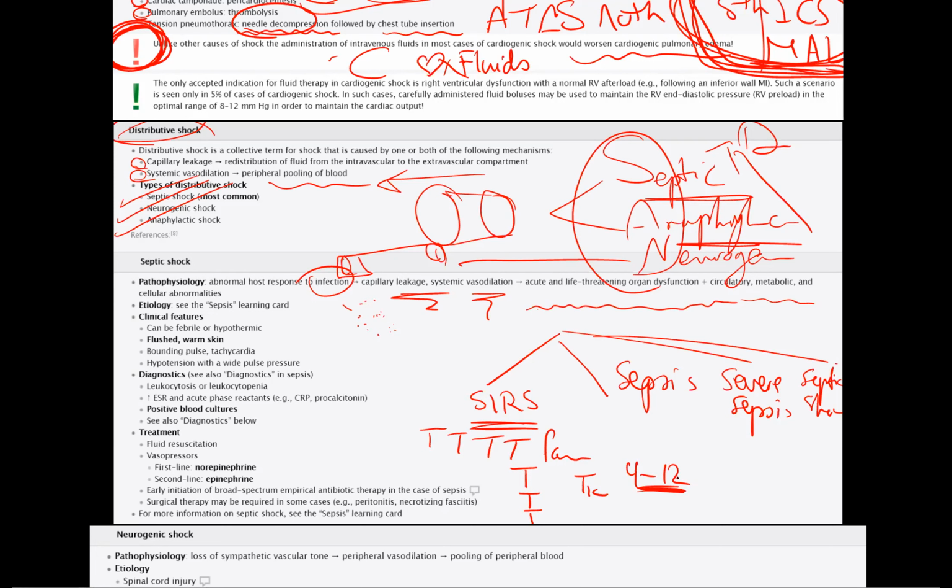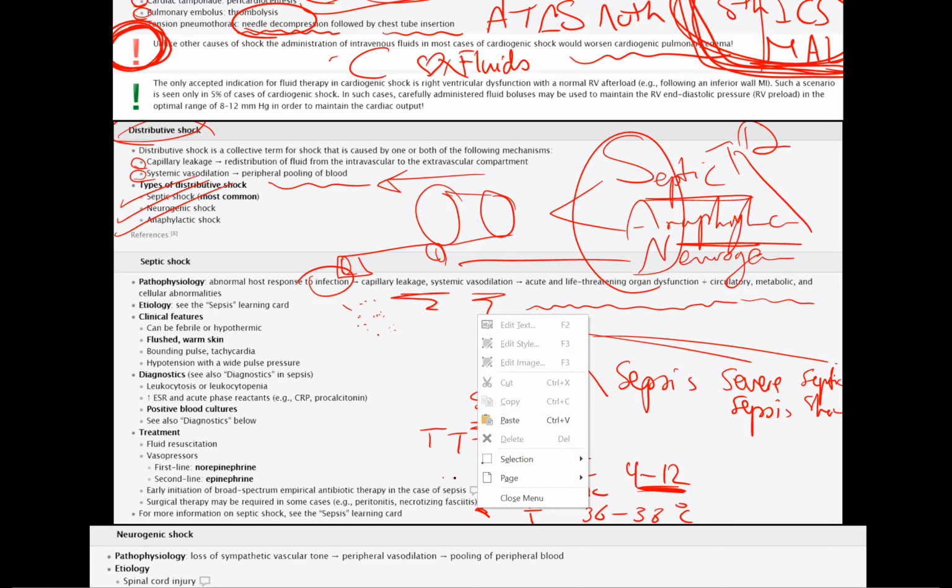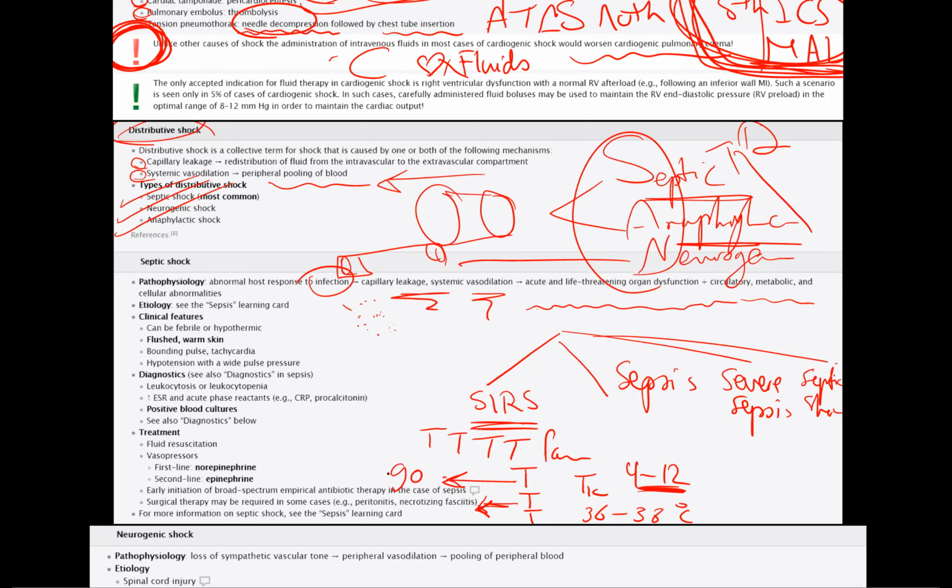Temperature outside the range of 36 to 38 degrees Celsius. Tachycardia more than 90, and respiratory rate more than 20. So again, this is SIRS.